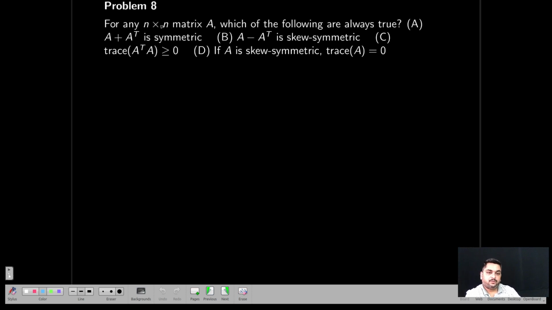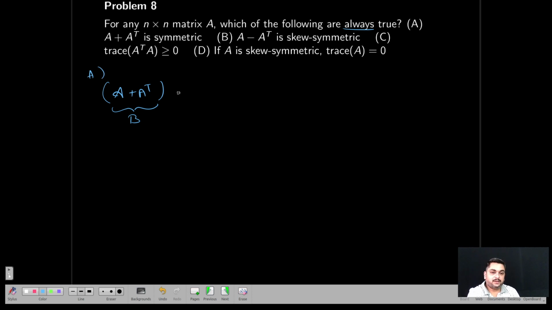Next, for any n cross n matrix A, which of the following are always true? So A plus A transpose is symmetric. There is one matrix, and the transpose of that matrix is symmetric. That's what they are saying. So let us say this is some matrix B. For this entire matrix, they are saying it is symmetric. You have to test that. This is the first option you are testing here.